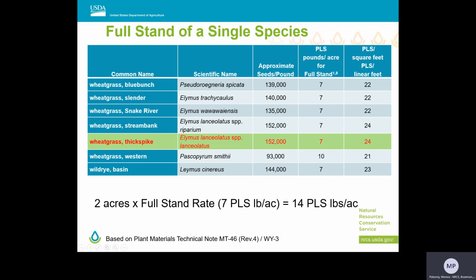So we simply take the 2 acres times the full stand rate, which is 7 pounds per acre, and we know that we need 14 pure live seed pounds for this planting. And then when we order from the seed vendor, we specify that we want pure live seed, the quantity in pure live seed.